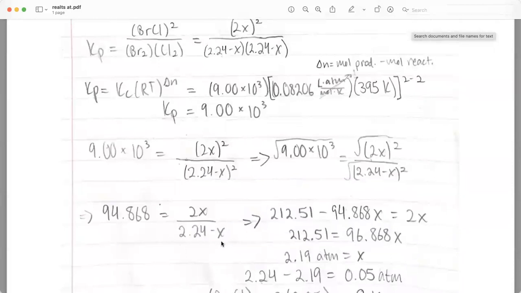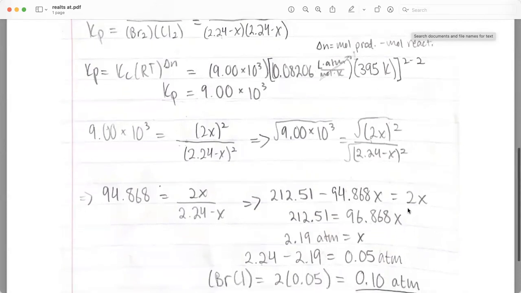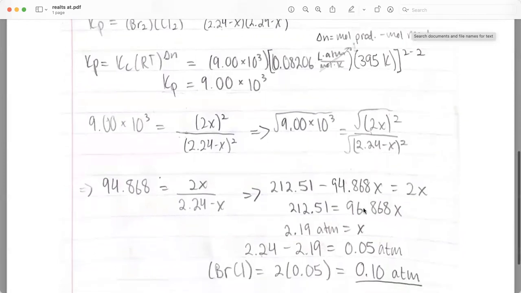And now you're just solving for the x. So you can multiply 94.86 times 2.24 minus x, which gets 212.51 minus 94.86x, which equals 2x, and then add the x's together, and then divide to isolate x. So after doing all of that, you get x equals 2.19 atmospheres.